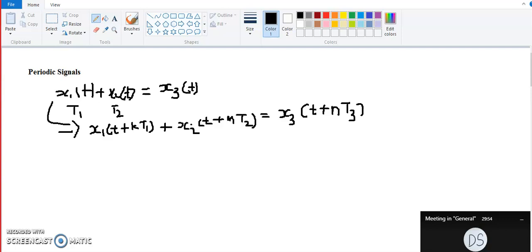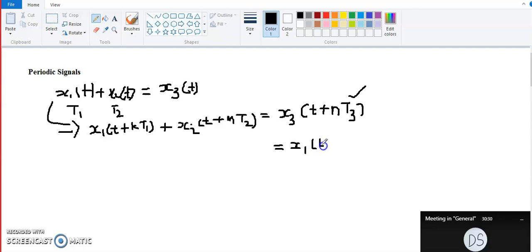So what does that mean? If x3(t) is periodic in T3, and x3(t) is basically the sum of these two signals, then it should be like this also.